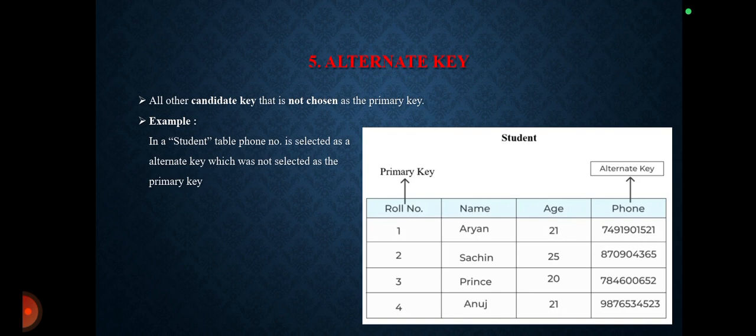If a table has multiple columns that can uniquely identify rows, the one you pick becomes the primary key and the others become alternate keys. For example, in a student table, if both student ID and phone number can uniquely identify a student and you choose student ID as the primary key, then phone number becomes the alternate key. So, alternate keys are still unique, just not the main key.